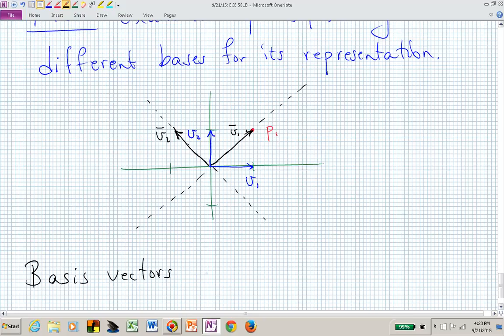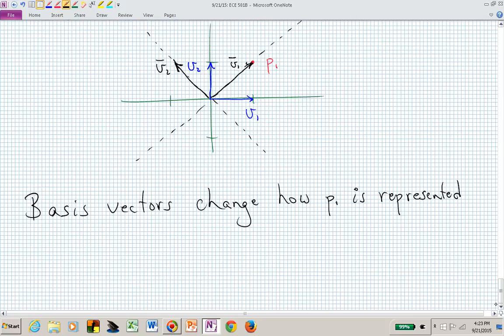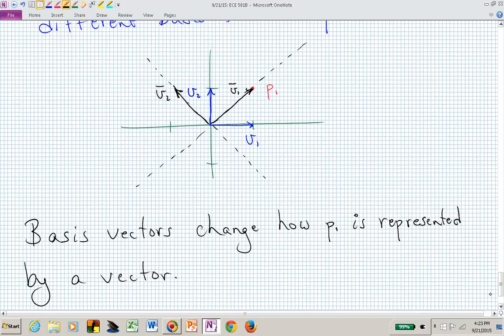Basis vectors will actually change how the point P1 is represented by a vector. By that, I'm saying let's write P1 in terms of a linear combination of V1 and V2 and form a vector of those weightings.